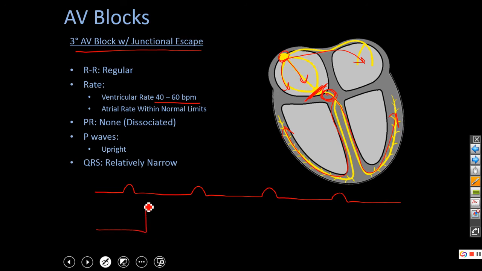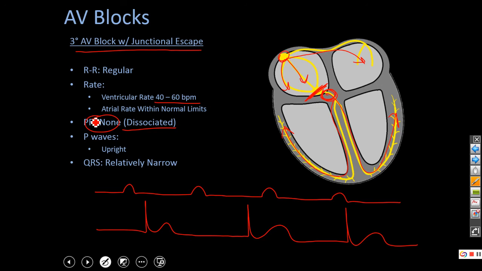So what you have is this junctional rhythm that's slow, that is pacing completely independently of the atria. So you get AV dissociation. So there's no PR interval with this.